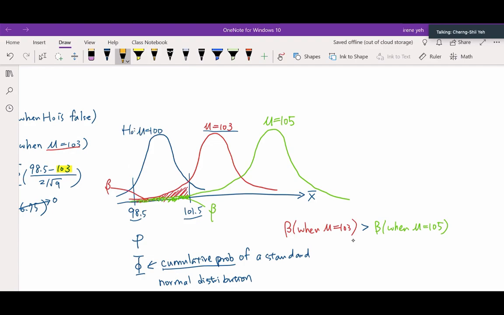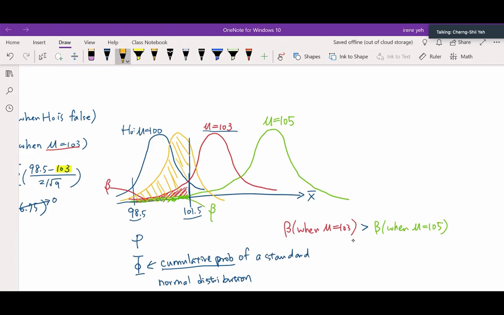When my population mean is 101, it is so close to the hypothesis value, right? So everything fell between these two lines all the way to here, and that is going to be my type 2 error.